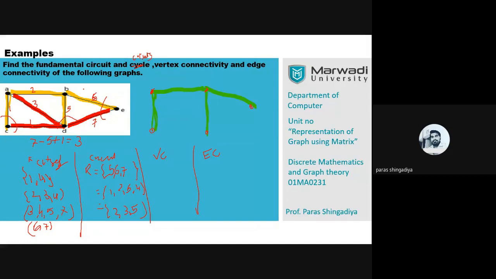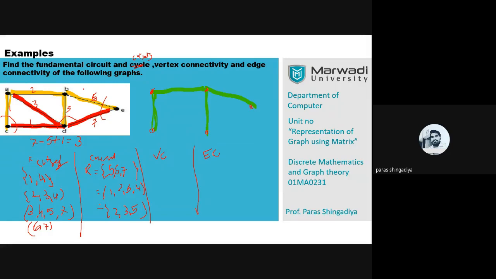Which vertex do I delete to make the graph into two partitions? It is not possible that using a single vertex only we can make the graph into two partitions.